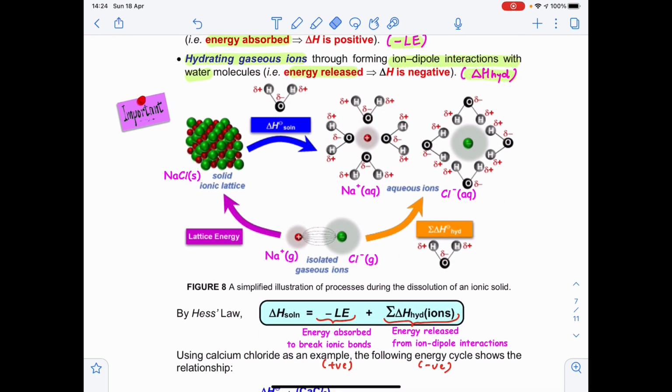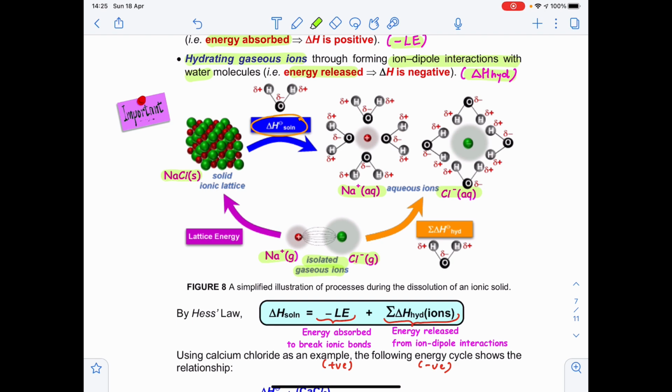Let's take a look at figure 8, which shows a simplified illustration of processes during the dissolution of an ionic compound. For an ionic compound, for example solid sodium chloride, to undergo enthalpy change of solution to form its aqueous cation and aqueous anion, the ionic lattice must first be broken down by absorbing sufficient energy to break all the ionic bonds in the lattice to form its gaseous cation and anion.